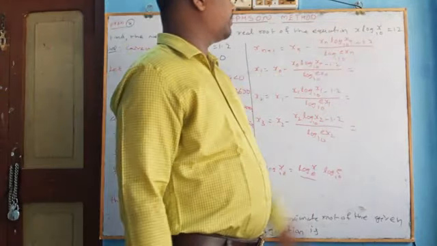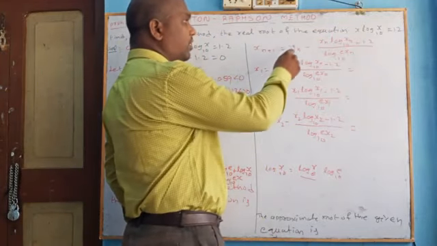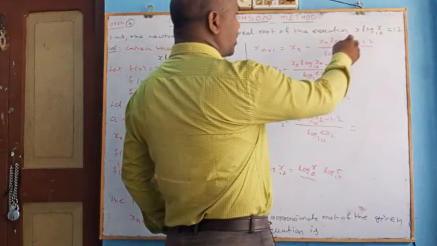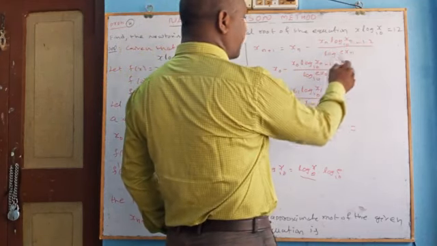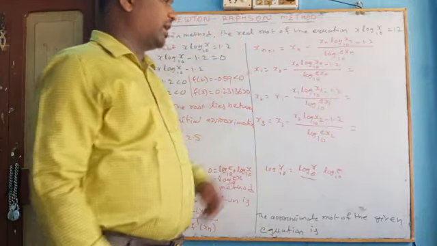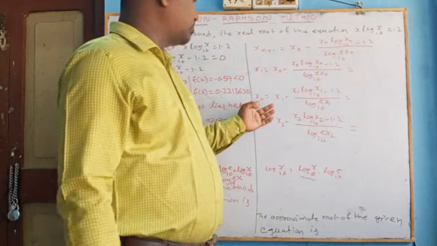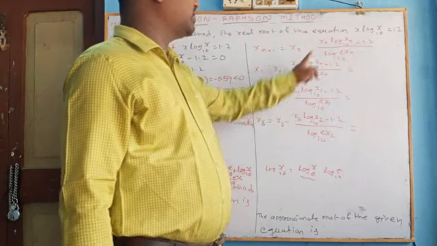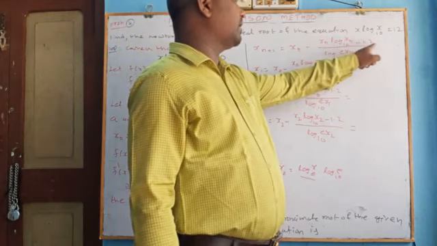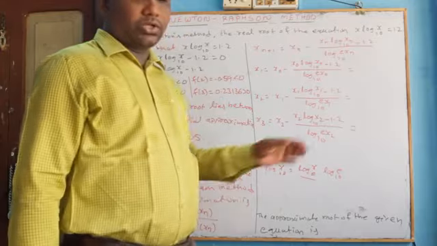Put n equal to 0 in this equation: x1 is equal to x naught minus (x naught log x naught base 10 minus 1.2) by log e x naught base 10. We calculate this value using the calculator. Also x2, put n equal to 1: x1 minus (x1 log x1 base 10 minus 1.2) by log e x1 base 10, and similarly x3 and so on.